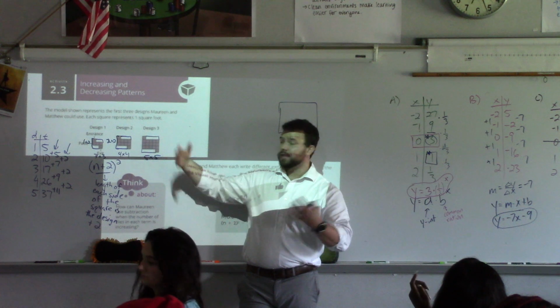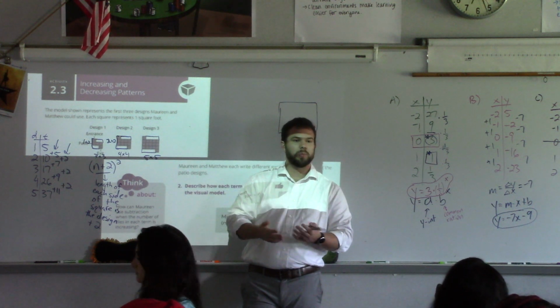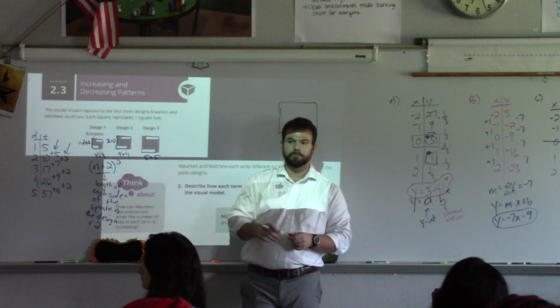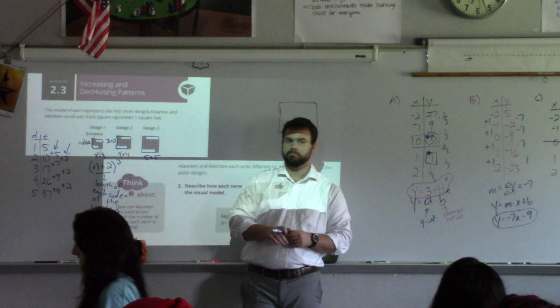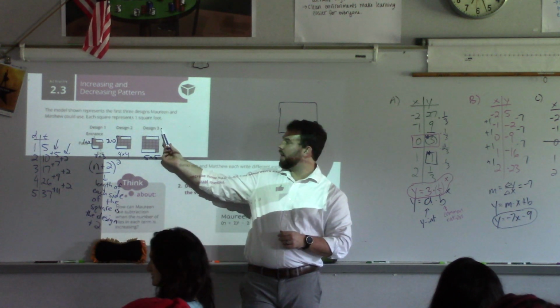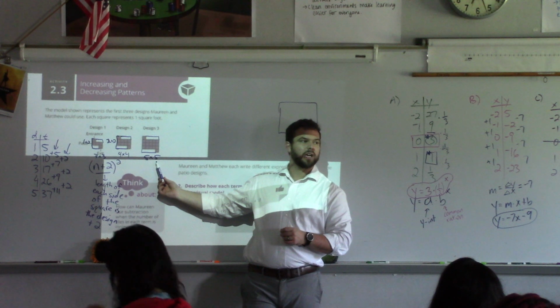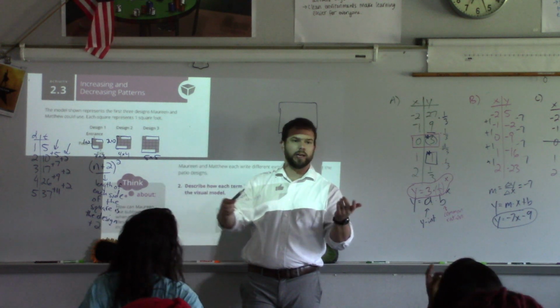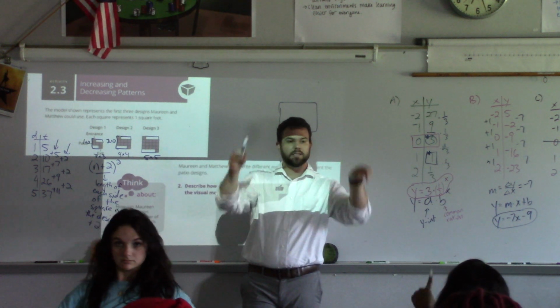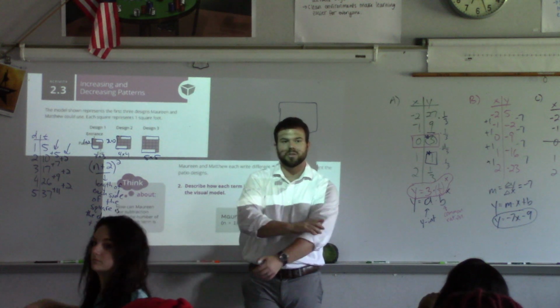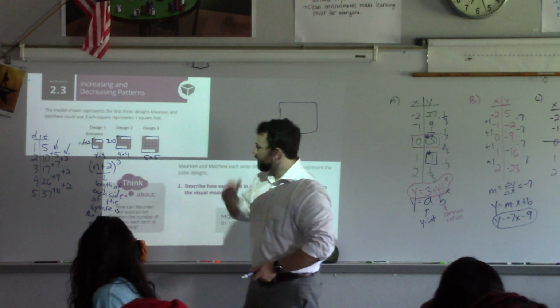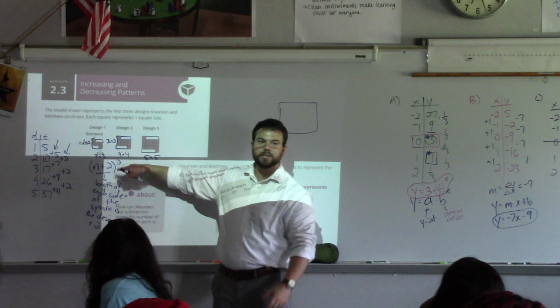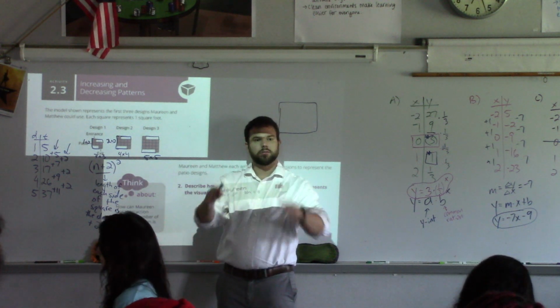For design 17, the length of each side of the square would be what? Design 3 had a length of 5 on each side, so it'd be 19, right? Design 17 would have 19 on every side, because it's just adding those two. However, notice then we're going to square it, because that's how we get the area of a square.